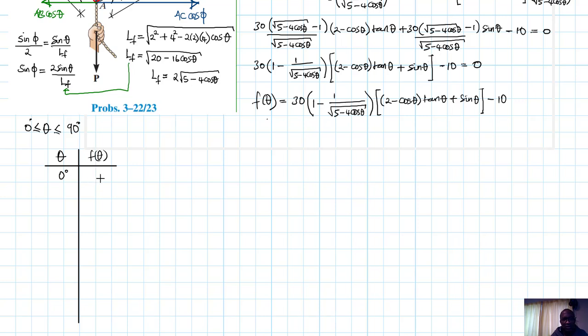When theta is equal to 0, we just expect a minus 10.